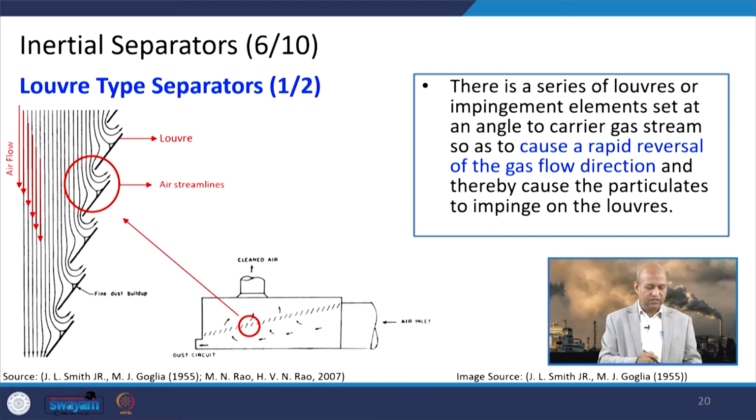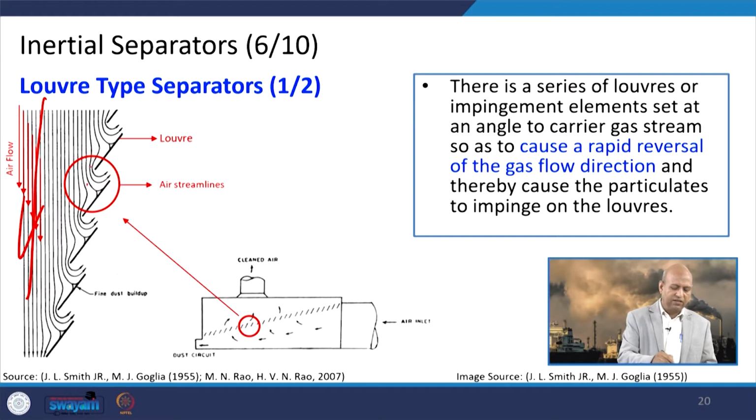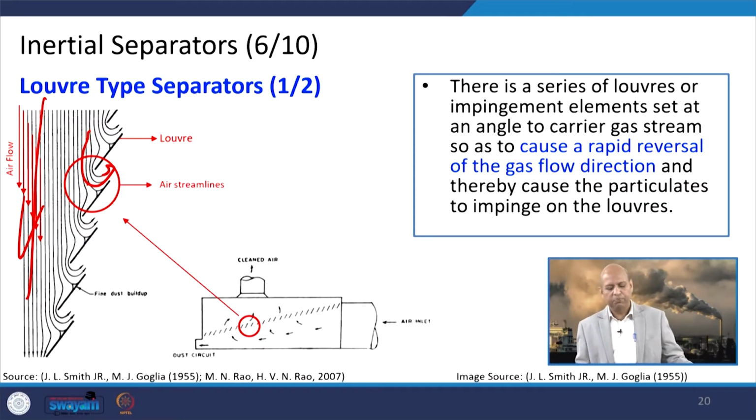Basically you can see this louvre type of separators, where these kind of louvres are installed, so that there is a change of the velocity. Air is going like this, but nearer to these insertions, this air changes its velocity, and it causes rapid reversal of the gas flow direction, and thereby it causes the particulate matter to impinge on the louvres, lose the velocity and get down into the hoppers.